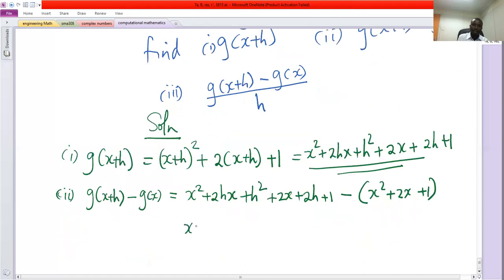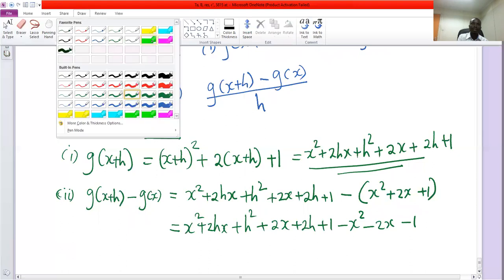So which will be x squared plus 2hx plus h squared plus 2x plus 2h plus 1 minus x squared minus 2x minus 1. And then once we have opened the bracket, some terms will cancel out.